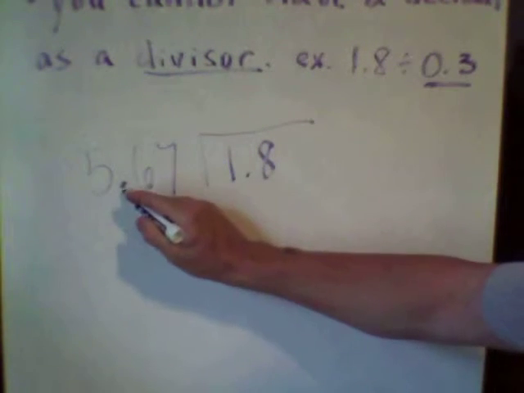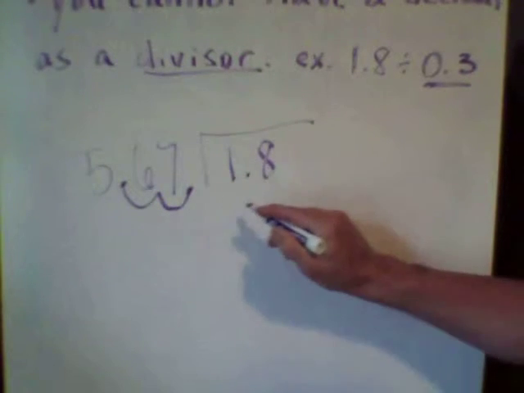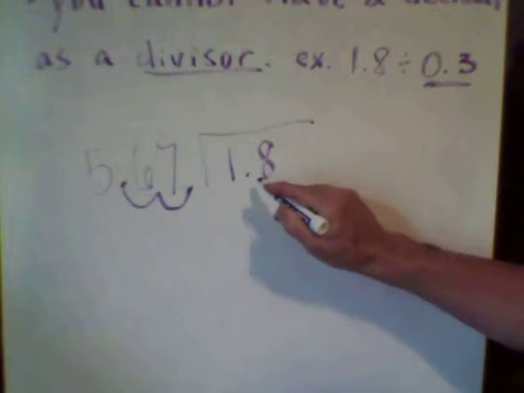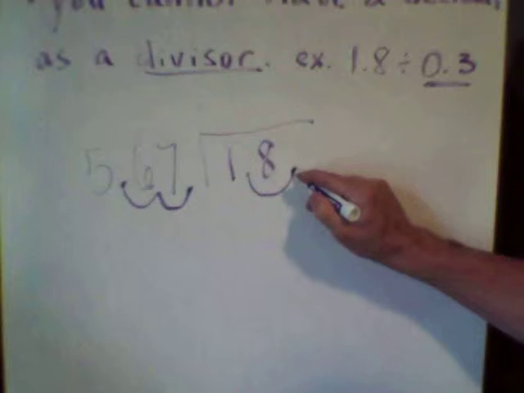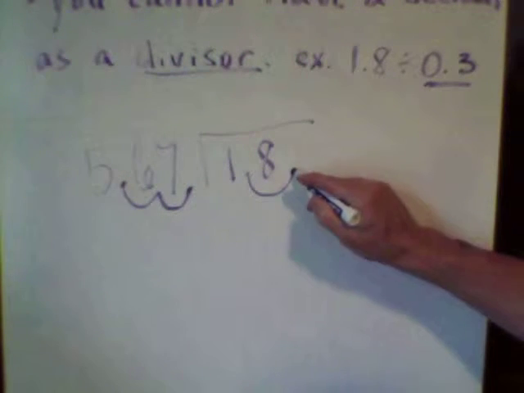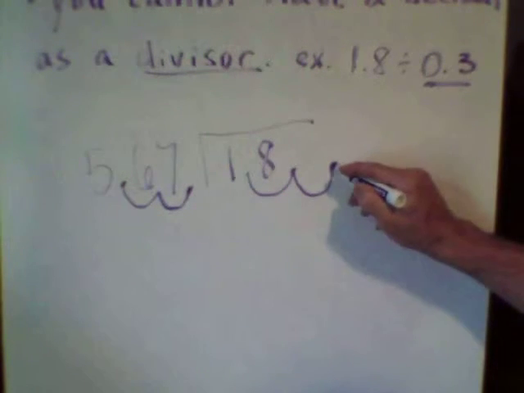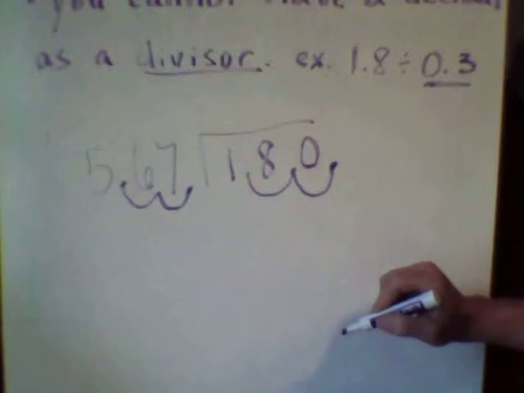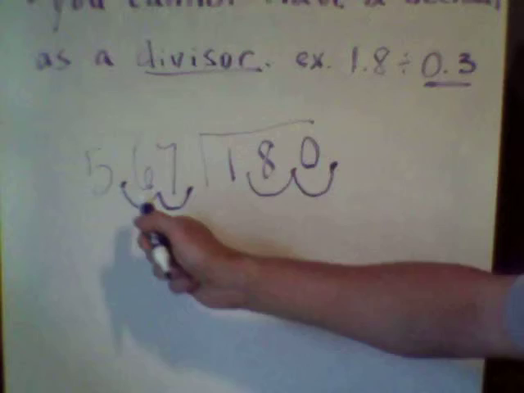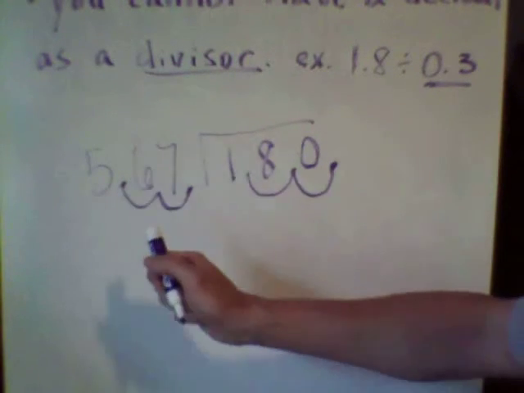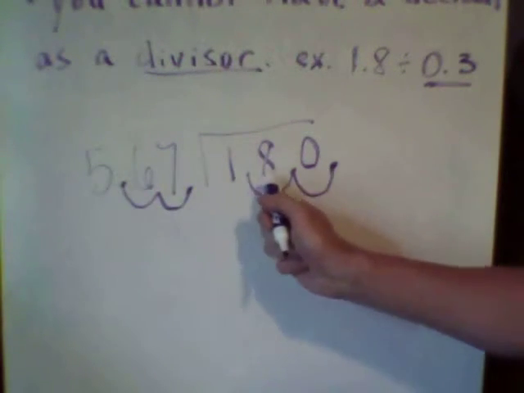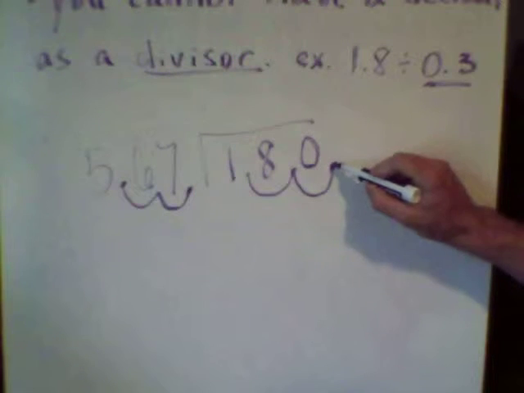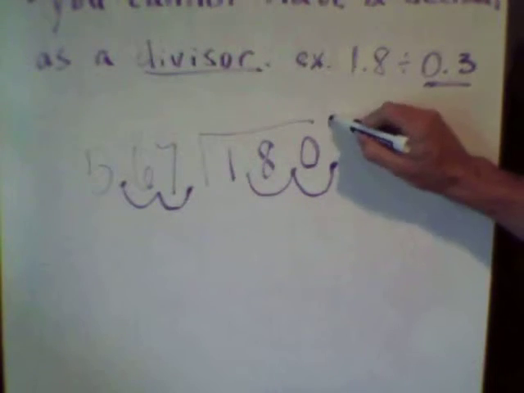If the decimal's here, I have to move it 2 spots. But I don't have 2 spots here to move it. If I go 1 spot, I can move it a 2nd spot, but I have to do something very important. I have to add a 0 into that place. So just remember that. You always have to have a whole number on the outside, and you can add as many zeros as you need inside of that, and then the decimal would just go up.